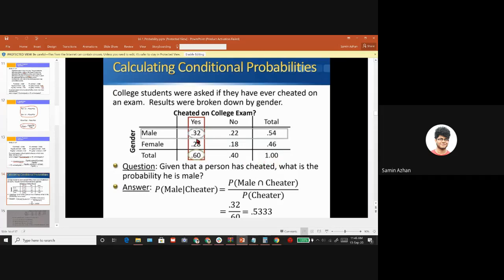The same thing applies for male and female. If you add the probabilities of male, cheated or not, you get 0.54. And if you do the same thing for female, you get 0.46. And if you add those two up, those should also add up to 1.